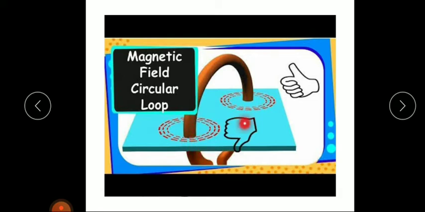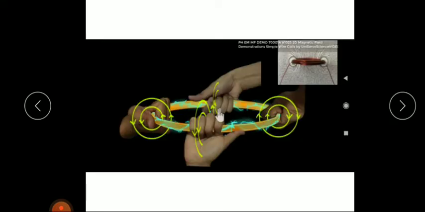So place your hand like this so that the thumb indicates the current downwards and the other fingers indicate the direction of magnetic field lines. In order to find the direction of magnetic field lines around a circular coil, you have to use the right hand thumb rule. Using the right hand thumb rule, you can get the direction of current as well as the direction of magnetic field lines at each and every point on this circular coil.